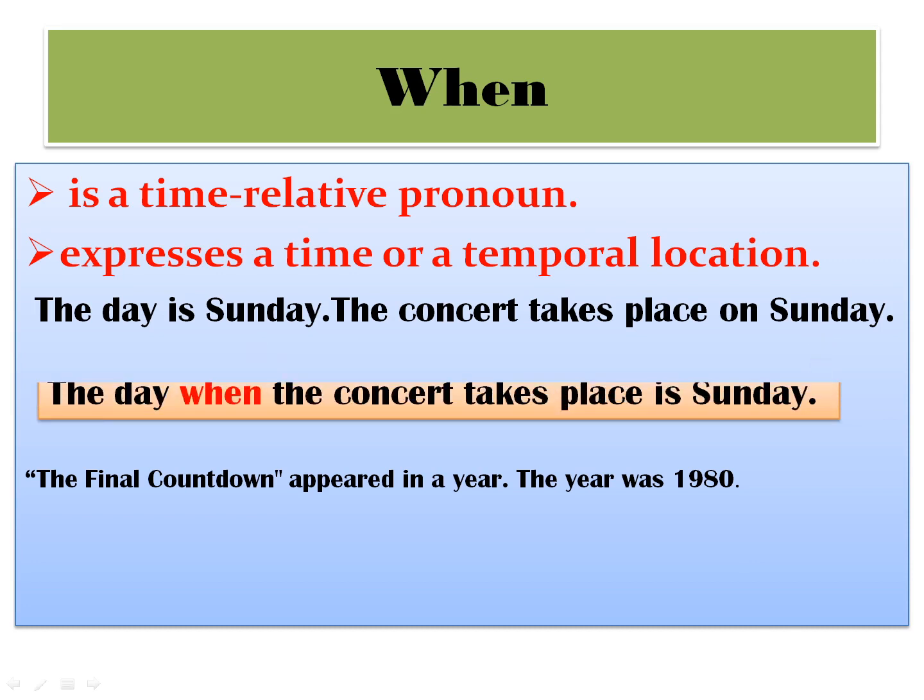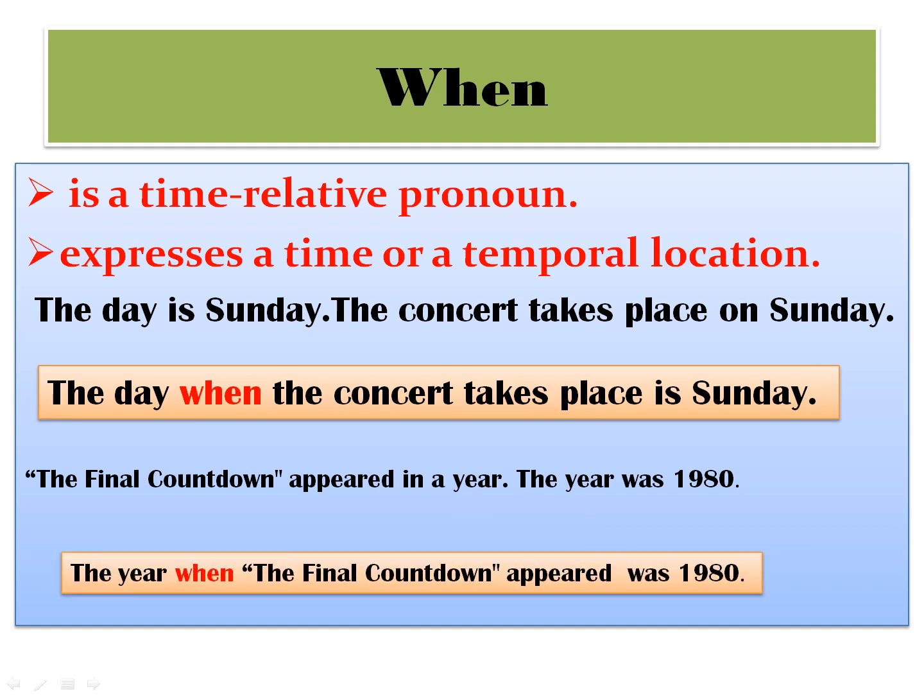Repetition of Sunday and Sunday. And the sentence is going to be: the day when the concert takes place is Sunday. Number 2, repetition of the year, and the sentence is going to be: the year when the final countdown appeared was 1980. Let's move on.